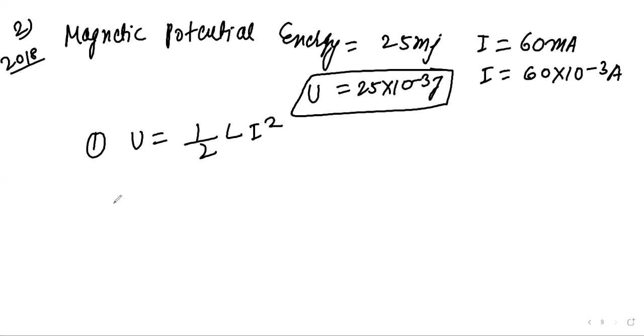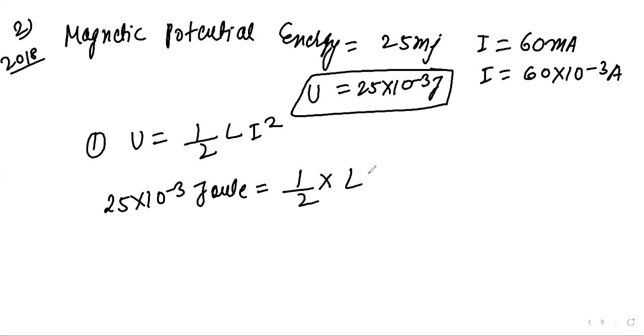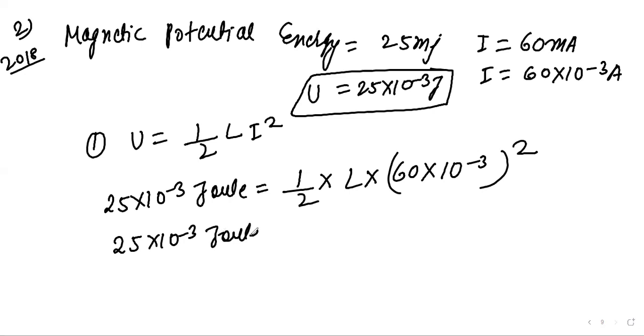So U we know, that is 25 into 10 raised to the power of minus 3 joule, is equal to 1 upon 2 into L, which we have to find, into I square, where I is 60 into 10 raised to the power of minus 3, whole square. So 25 into 10 raised to minus 3 joule is equal to 1 upon 2 into L into 60 square, which is 3600 into 10 raised to minus 3 square, so it will be 10 raised to minus 6, right?